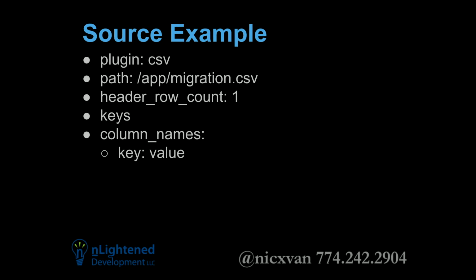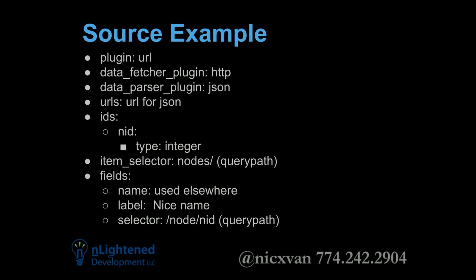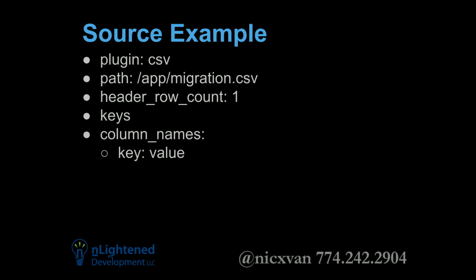And the key, you basically do a key value name for the IDs and column names. And so instead of fields, you have column names. It's very similar syntax, pretty straightforward. There's a lot of examples. But these are just two different examples of two different sources. And you can use, in one global migration, as many of each as you need.